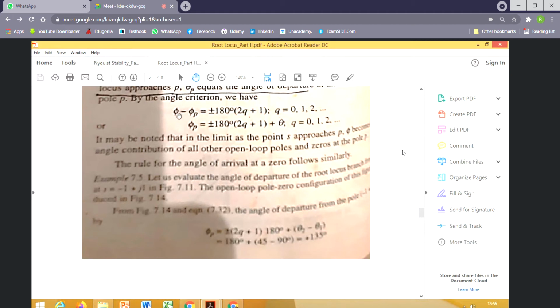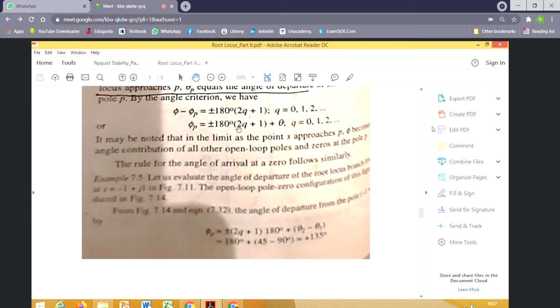Hence the angle of G(s)H(s) at that particular point will be phi minus phi p. And since the point is an on-locus point, that means the point lies on the root locus, hence the angle criterion will be satisfied at that particular point, right? So phi minus phi p will be equal to plus minus 180 degree (2q plus 1), right?